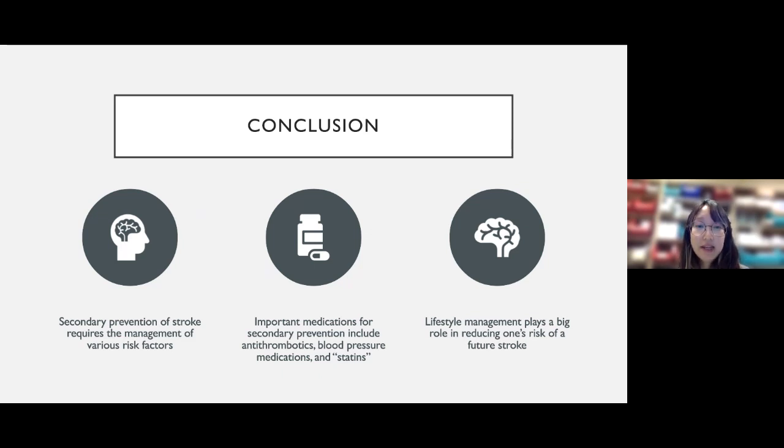And some important medications for secondary prevention include the use of antithrombotics, our blood pressure medications, our statins, and also we have our SGLT2 inhibitors and our GLP-1RAs. And lastly, lifestyle management plays a big role in reducing one's risk of a future stroke. And as we saw in one of the previous slides, it's been shown to actually reduce the risk of a recurrent stroke by 80%. So definitely a significant drop.